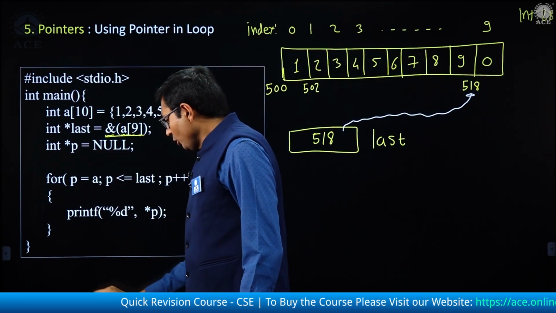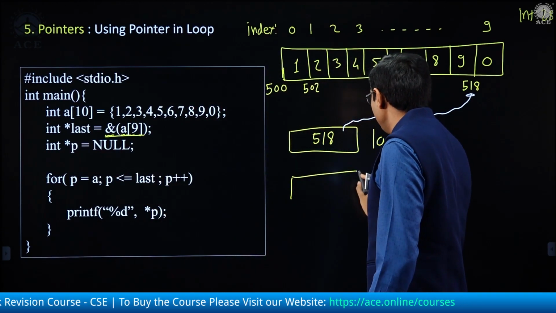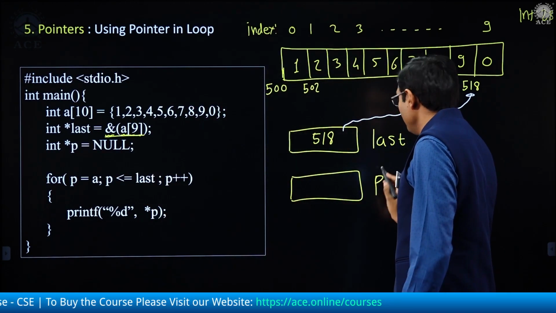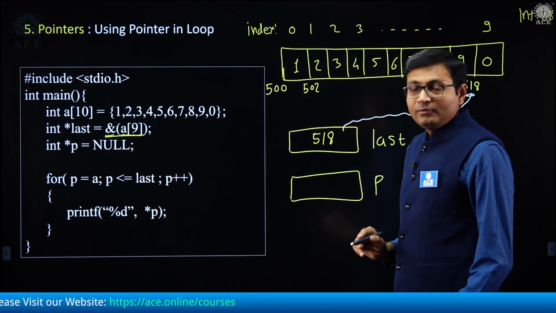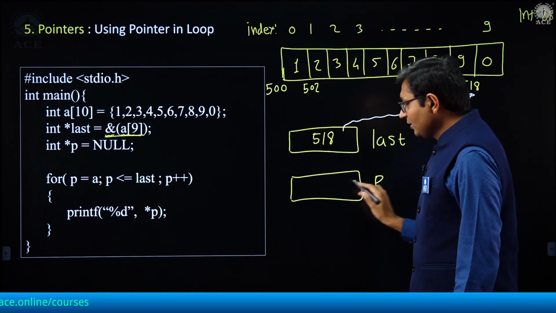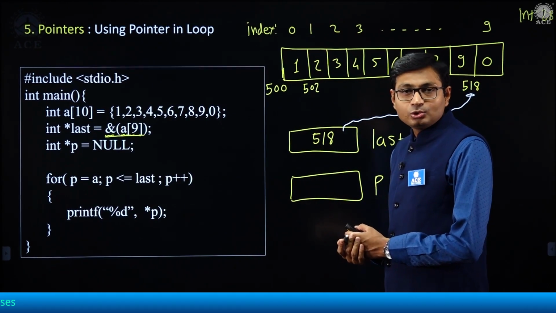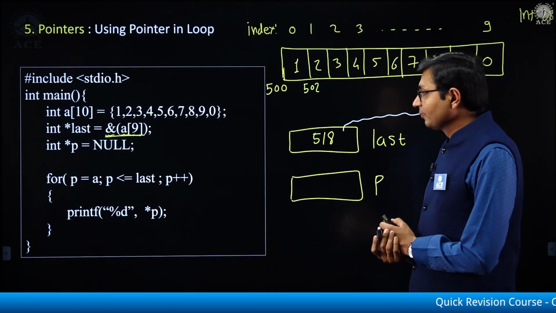Now, there is another pointer named p, which is initialized to null. When I initialize to null, it means actually all the zeros are stored in this memory location of p. Alright.